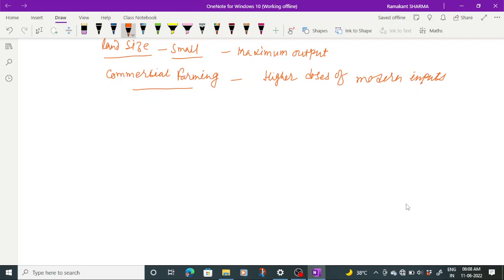They also use HYV seeds. Now what are these HYV seeds? HYV seeds are high yielding seeds. They also use chemical fertilizers.